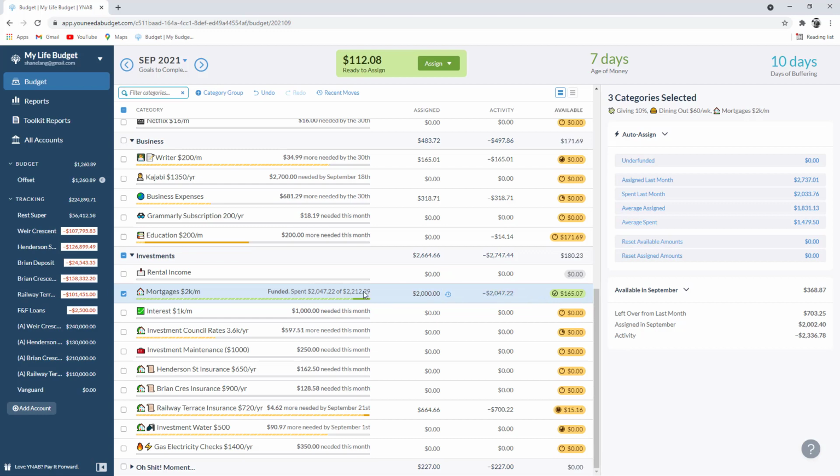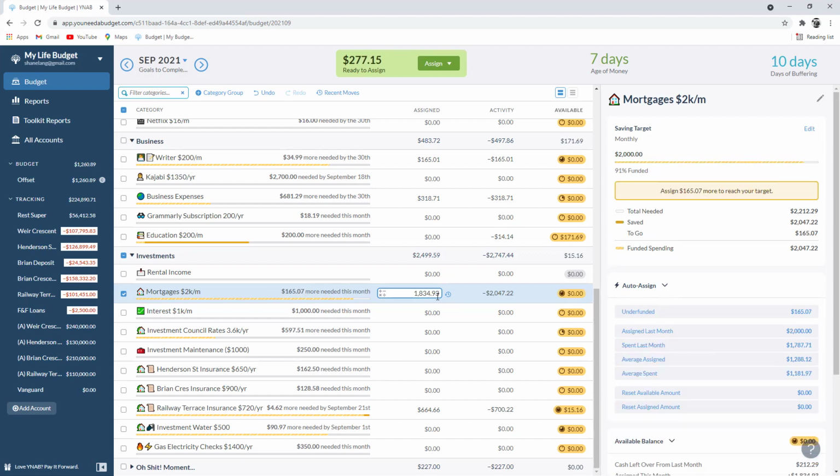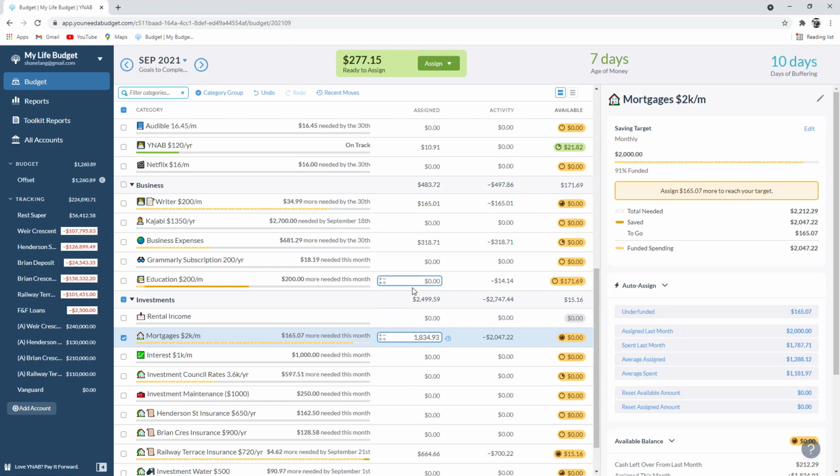Actually, what I can do, because I already paid the mortgage, I can probably minus. What I'll do is I'll minus the 165 because I want to catch up on other things. So that gives me a little bit more extra money. So I've already paid my mortgages.